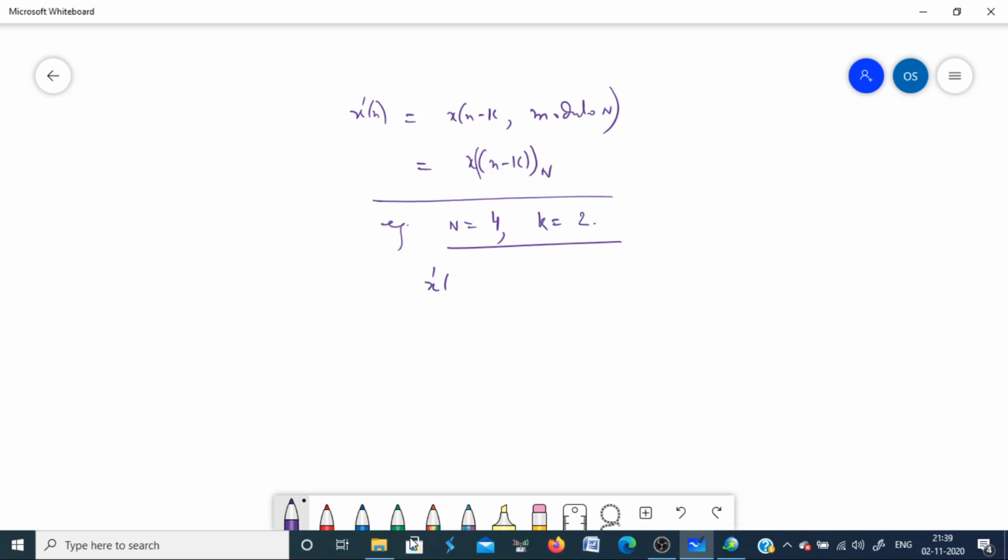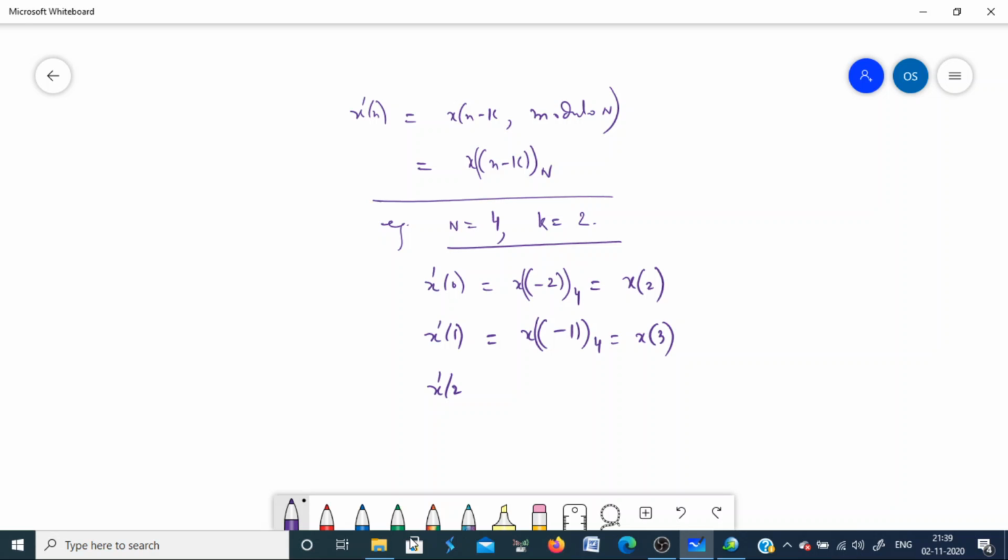It means your x dash 0 will be equal to x of n is 0, k is 2, it is x of minus 2 mod 4. X of minus 2 modulo 4 is nothing but x of 2. Similarly, x dash 1 is x of minus 1, now n minus k is, n is 1, n minus k is minus 1 mod 4, which is equal to x of 3.